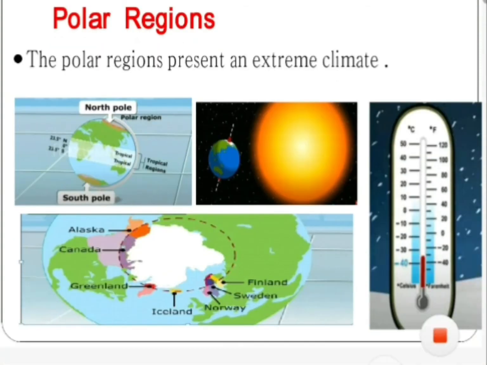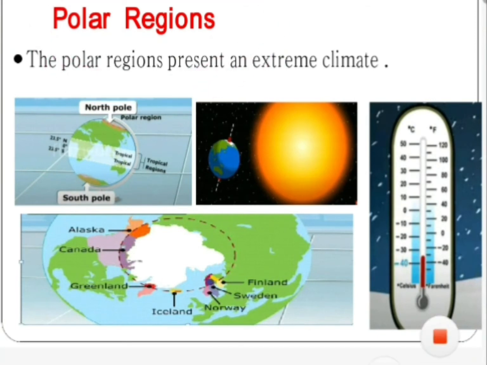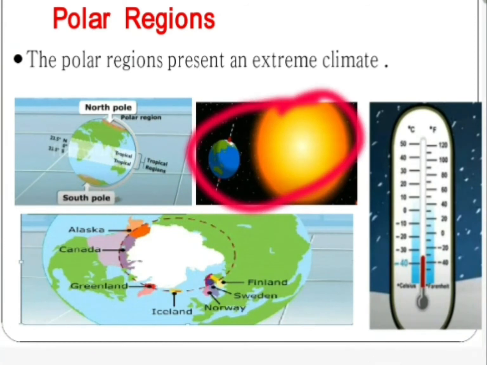Polar regions are covered with snow and it is very cold for most of the year. For 6 months the sun does not set at the poles, while for the other 6 months the sun does not rise.